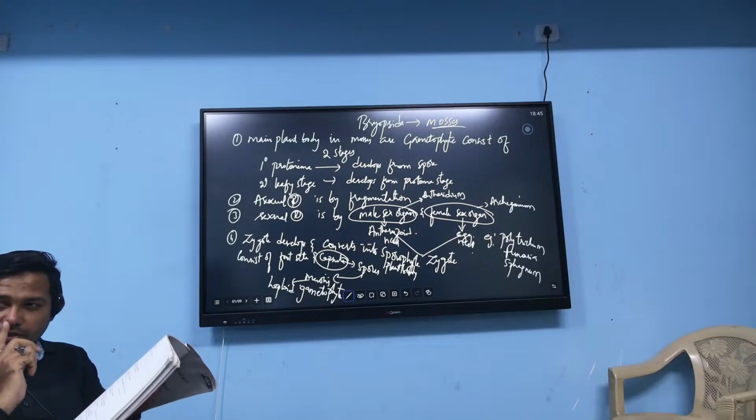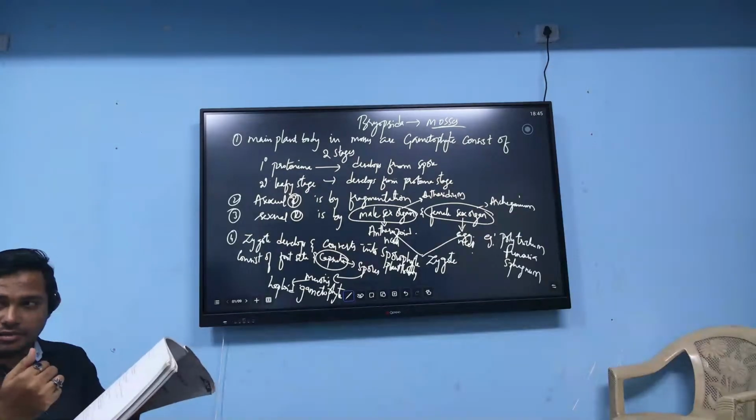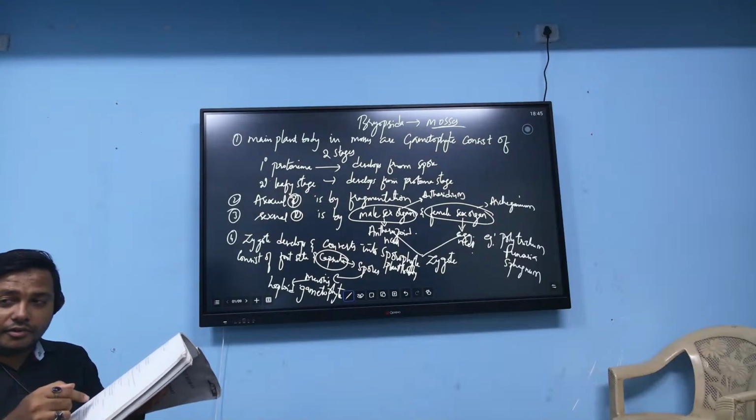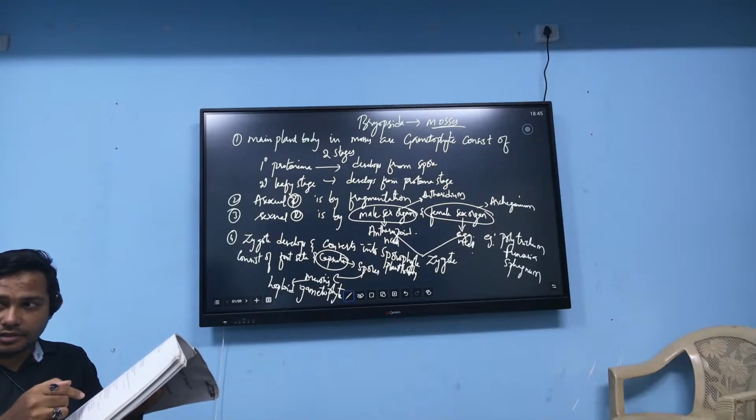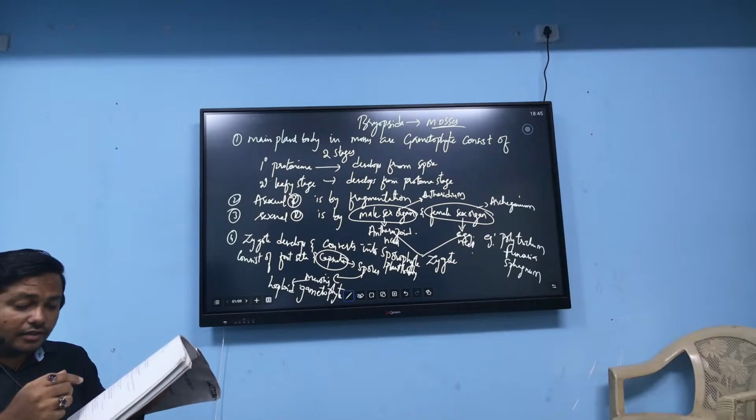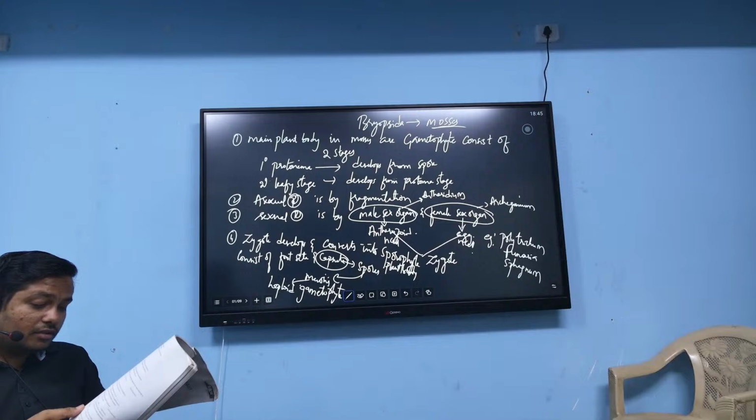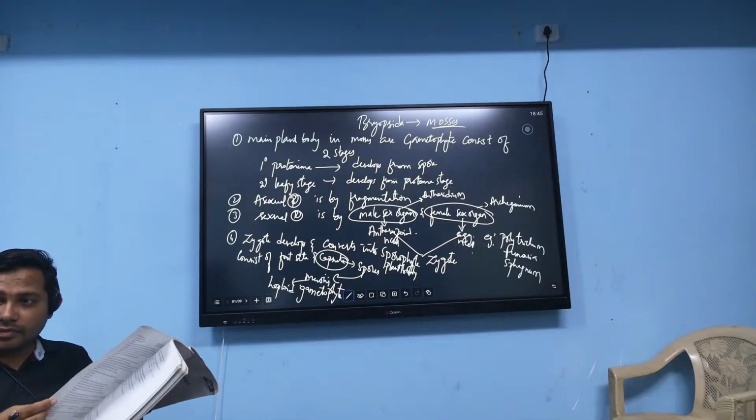What is the male sex organ? Antheridium. Female is archegonium. Is that option present? No, it is not present. So it is D, none of the above.